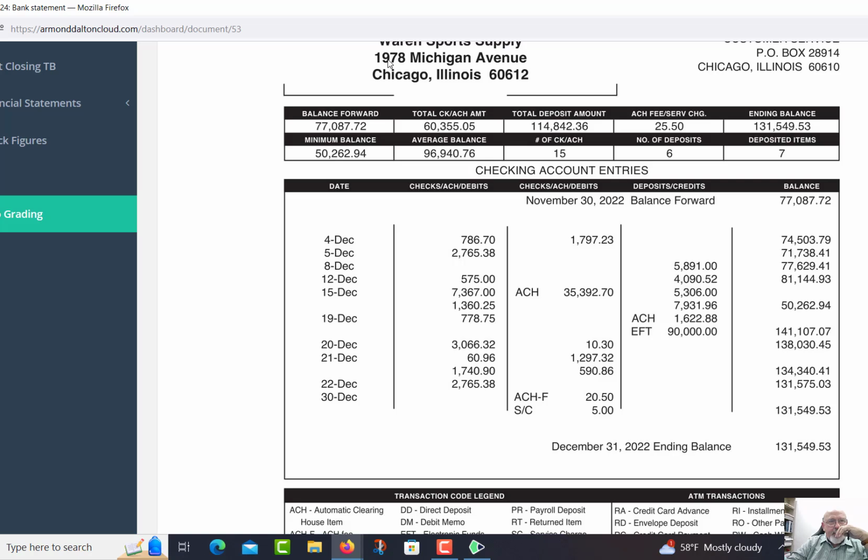Now, in the general ledger, let me list these out first: purchases, purchase returns, purchase discounts, and freight in.